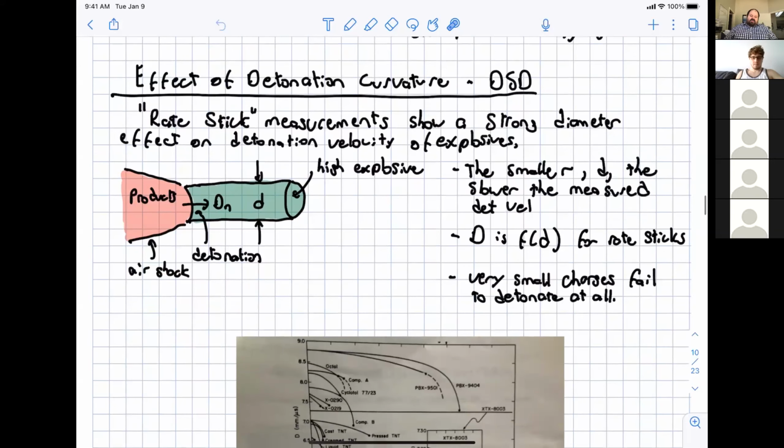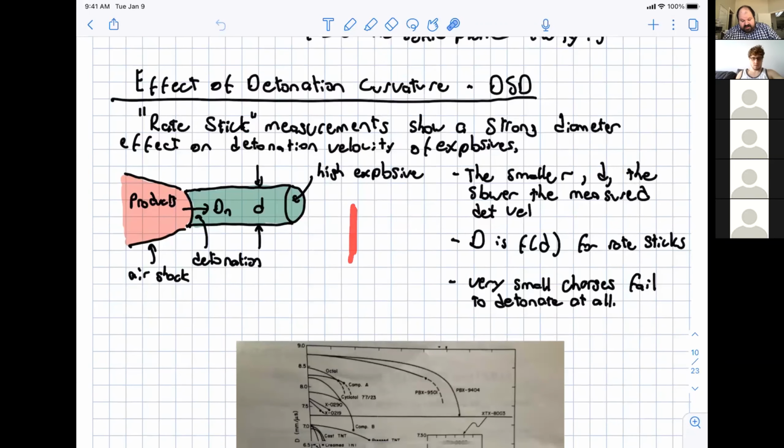Now, it turns out that real detonations have some multidimensional effects. In reality, there's no such thing as a perfectly planar CJ detonation that moves downstream.